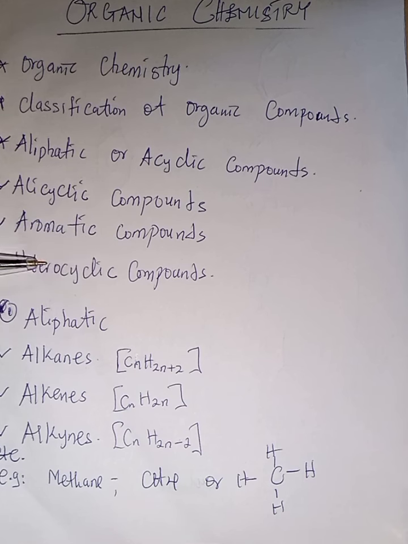Now, heterocyclic compounds are compounds that form a closed ring of carbon atoms and any other atom inside this closed ring. Most of these atoms are oxygen, nitrogen, sulfur, etc. So if you have an alicyclic compound or aromatic compound that has any other atom inside, not as a branch, but inside the closed ring of carbon atoms, we call it a heterocyclic compound.